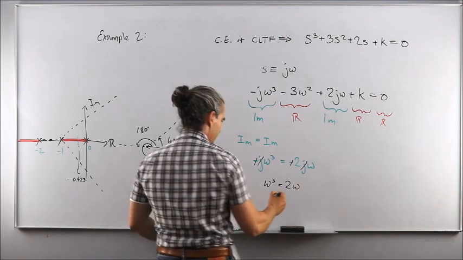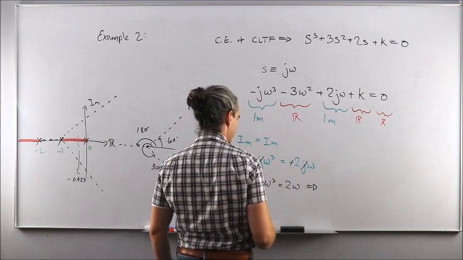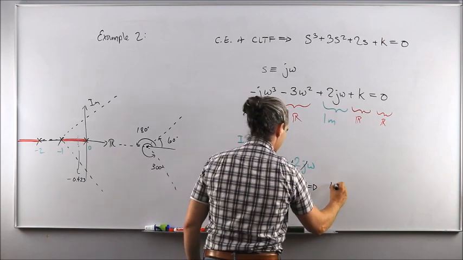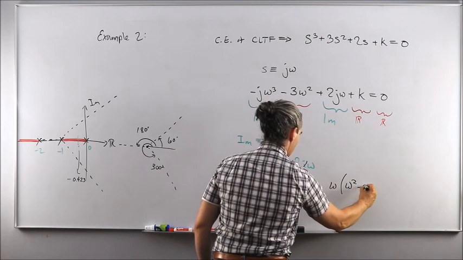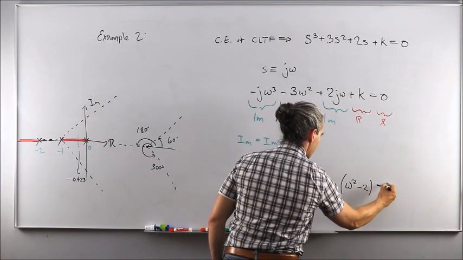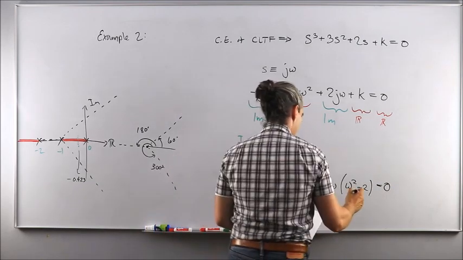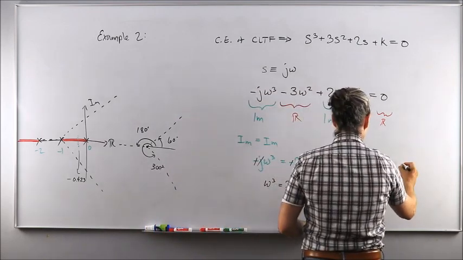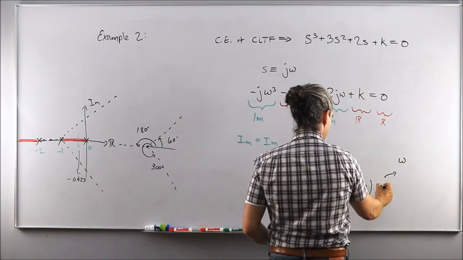Or alternatively, to make it a little bit more obvious for the omega value that would make this relationship valid, you could just write omega that multiplies omega squared minus 2 equal to 0 by pulling this back onto the other side. And that gives you values for omega that would satisfy this relationship.